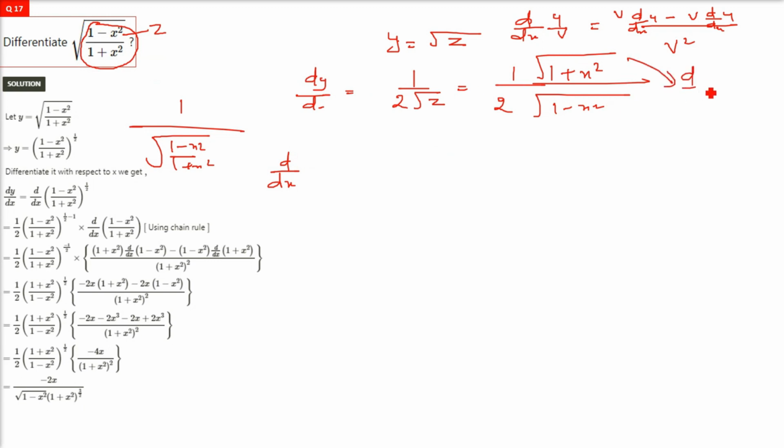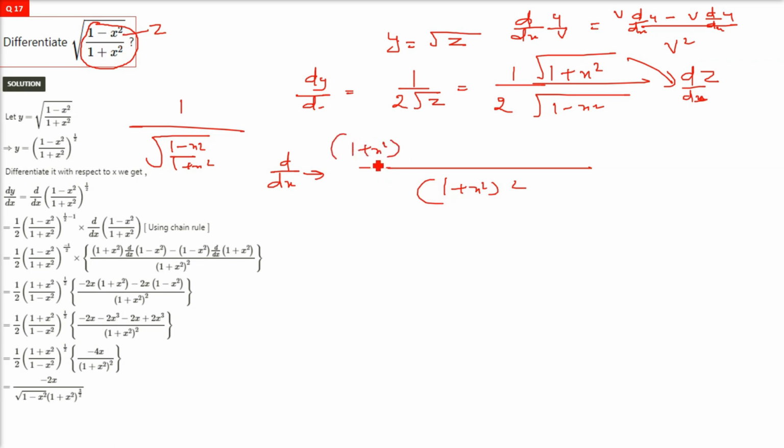So d by dx of whatever is inside, we are just calling it z, and we will use this. This first part is already done. Now we are differentiating the content inside the root. So (1 plus x square) whole square will be in the denominator.